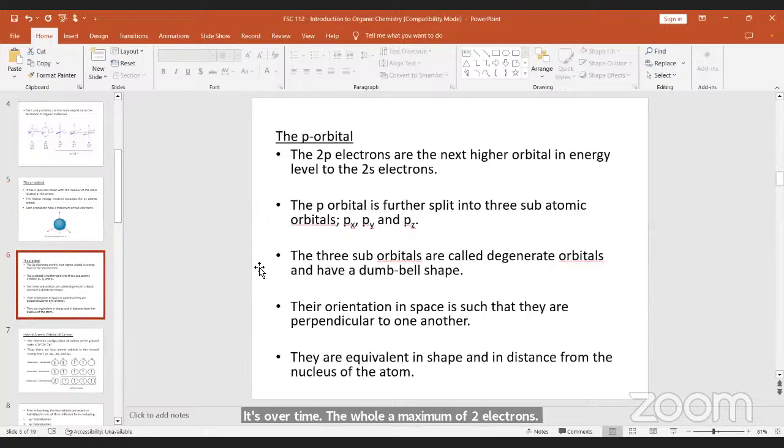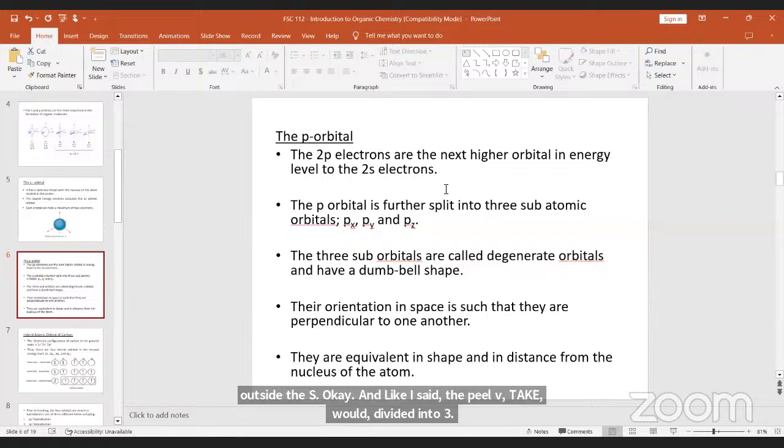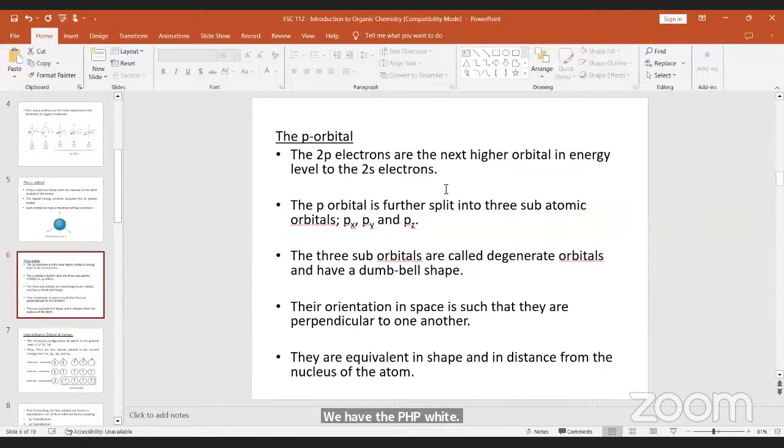Then we also talked about the p orbital. The p orbitals are the next energy orbital after the s. And like I said, the p orbital could further be divided into 3. We have the px, py, and pz, depending on the orientation of the orbital in space.